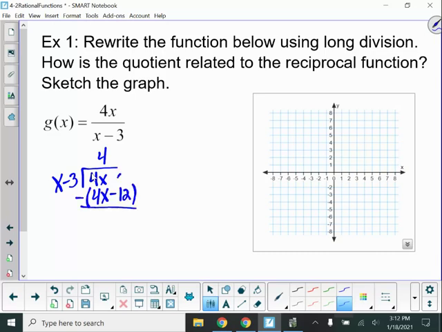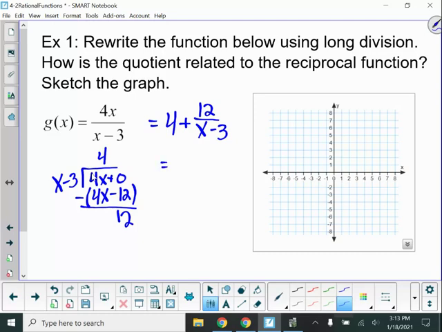I am subtracting, remember there's an understood 0 here, so that gives me 12 as a remainder. I can rewrite this instead of 4x over x minus 3 as 4 plus 12 over x minus 3.